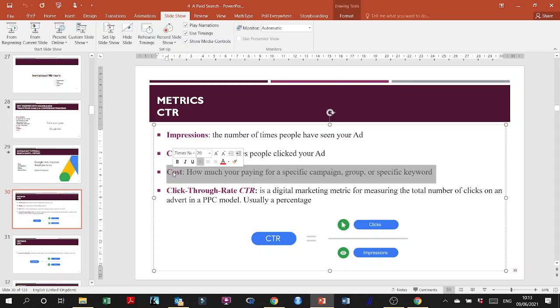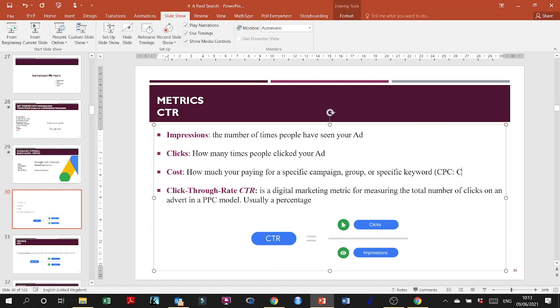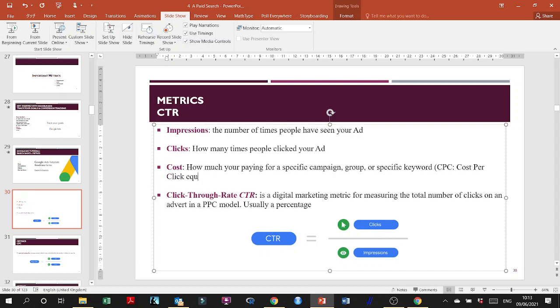Now for cost, the metric here is the cost per click, the CPC. CPC is the cost per click, which equals total money spent over total clicks. Yeah, so that would be the cost per click.